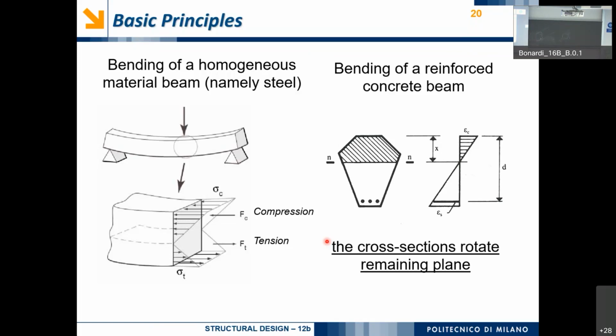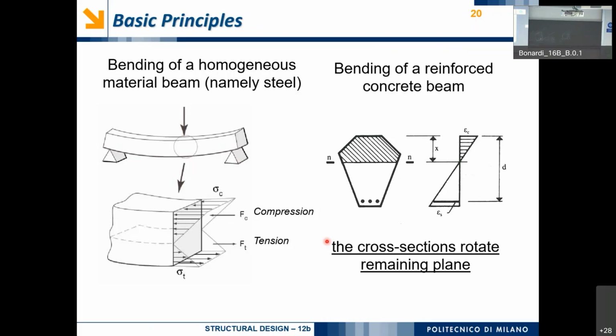We are cutting the beam here. Originally, here we have the beam. The new deformation will be the new side, the new face will be like this. So this part will exert some compression on the other part of the beam. This part will have an elongation, so will undergo some tension.